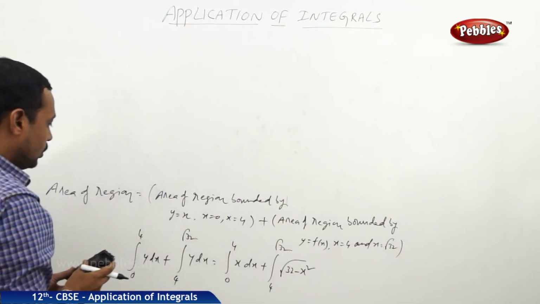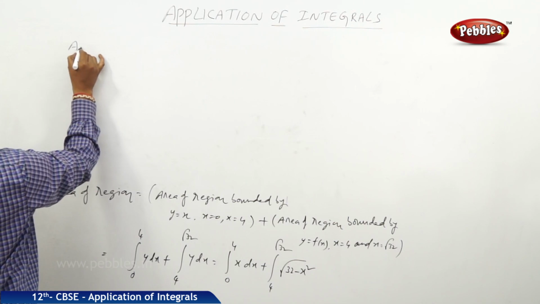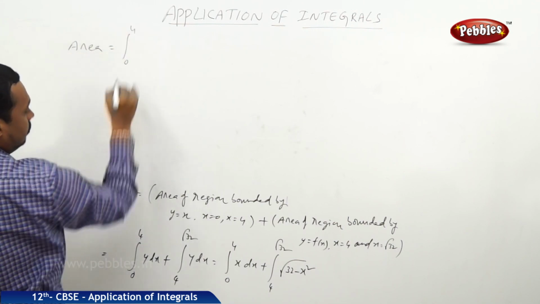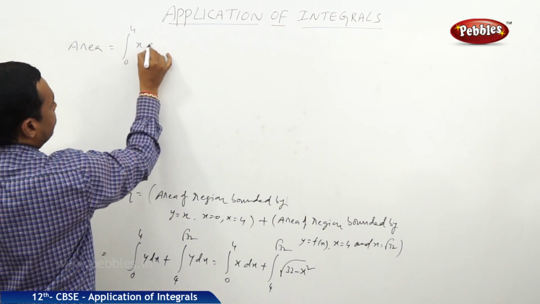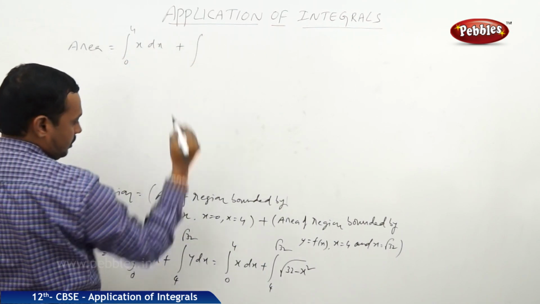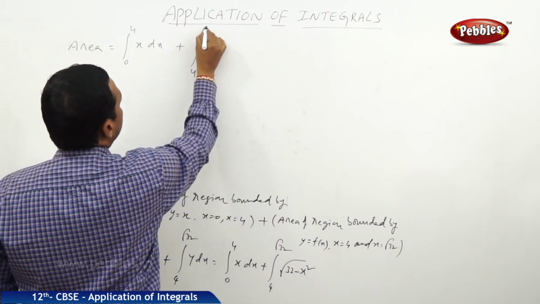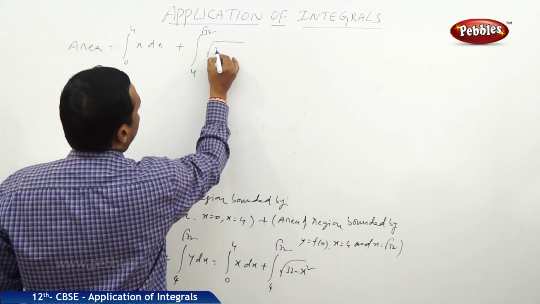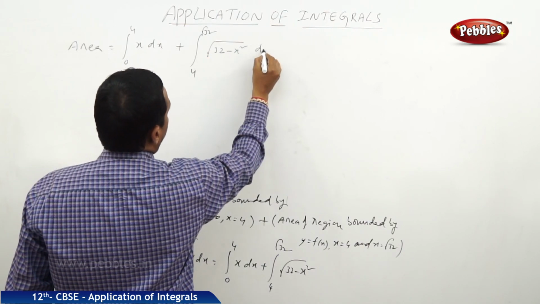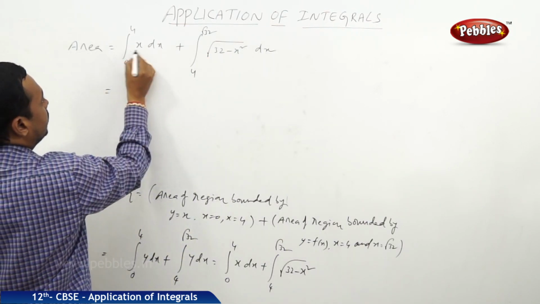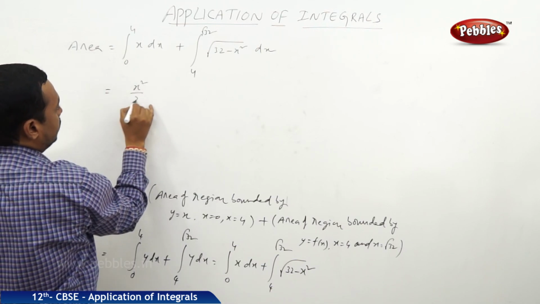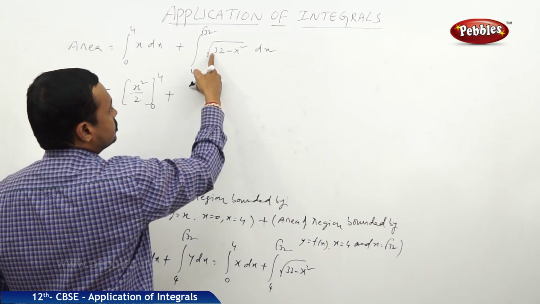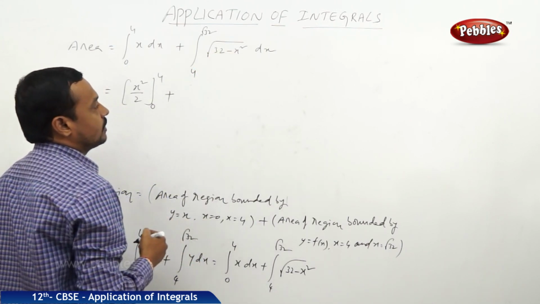The required area is equal to integral 0 to 4 x dx plus integral 4 to root 32 of root of 32 minus x square into dx. Now integral of x is equal to x square by 2 under the limit 0 to 4, plus, now this is root a square minus x square form.